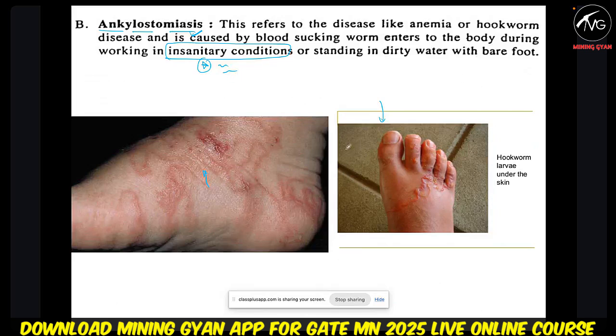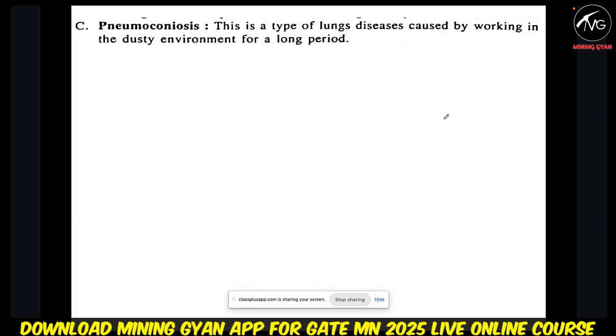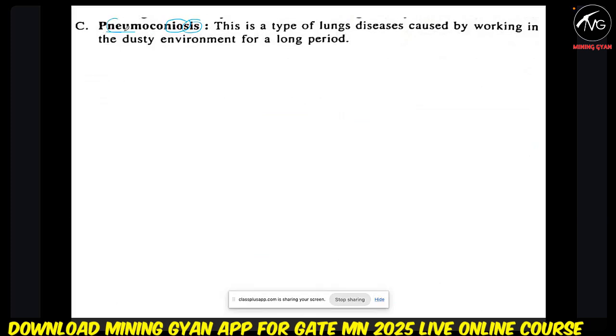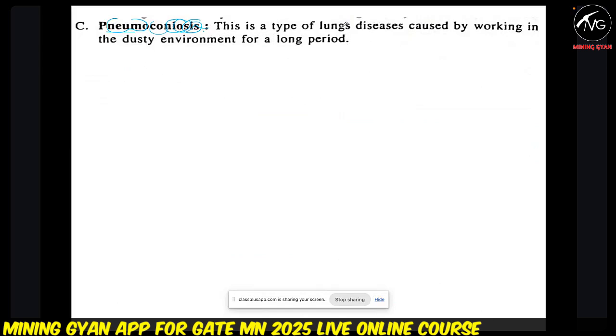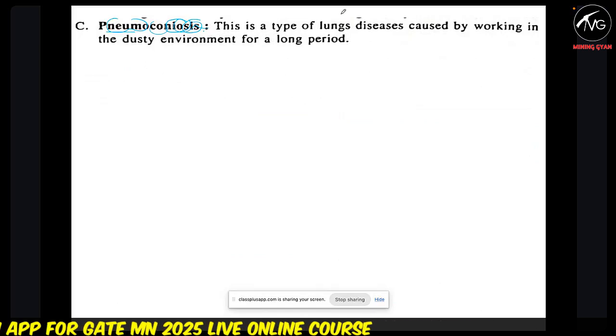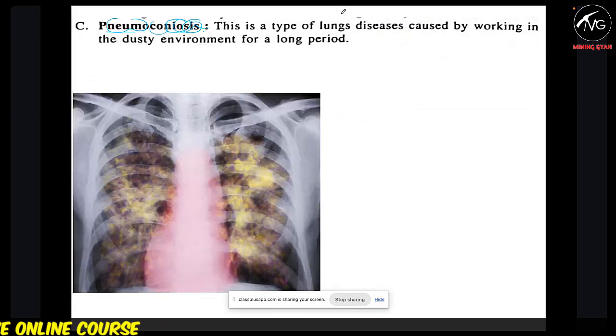Okay, so it will enter in your body, and then we have seen pneumoconiosis. What is pneumoconiosis? It is the type of lung disease and which affects your lungs.